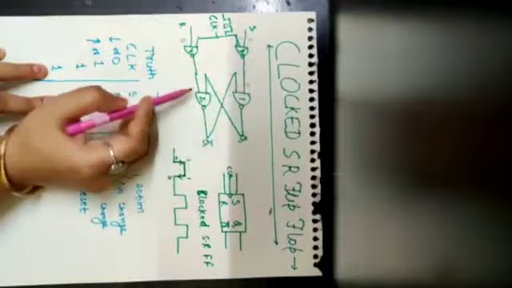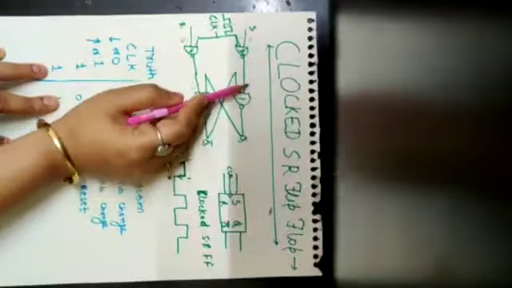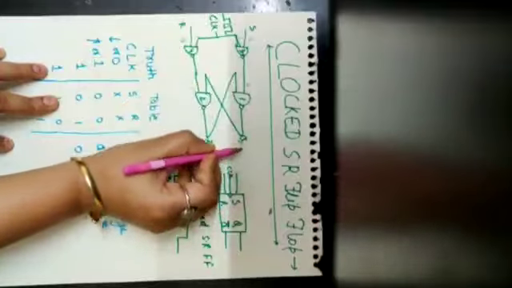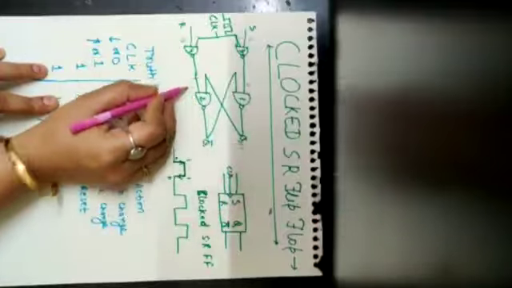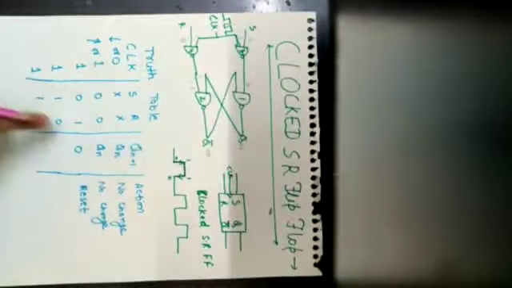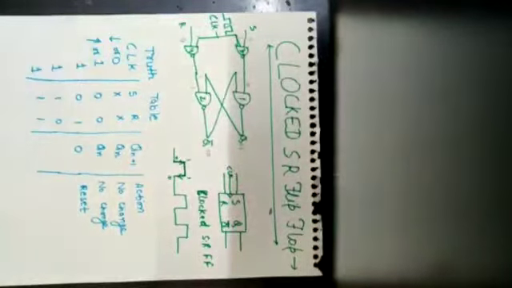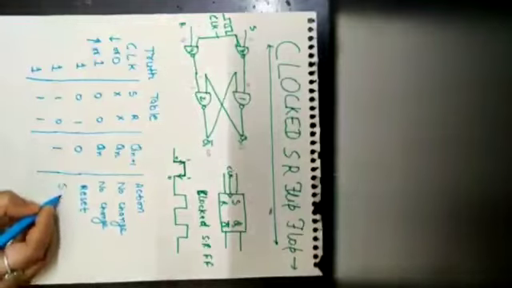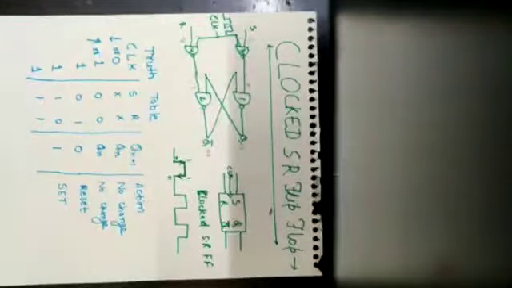So 0 here, 1 here. Now we can conclude that if any of the inputs is 0, irrespective of the second input, the output will be 1. This 1 comes here, both inputs are 1, output will be 0. So S equal to 1, R equal to 0 switches the output to 1. And whenever the output comes 1, the flip-flop performs the action of set.